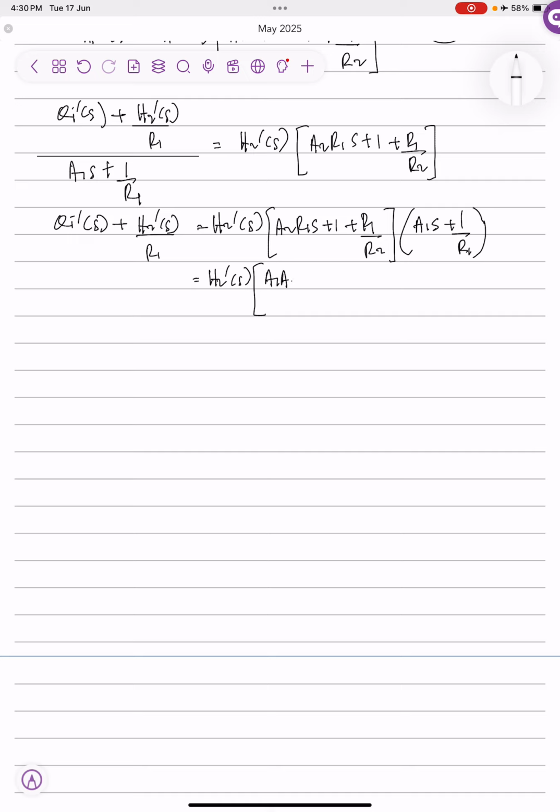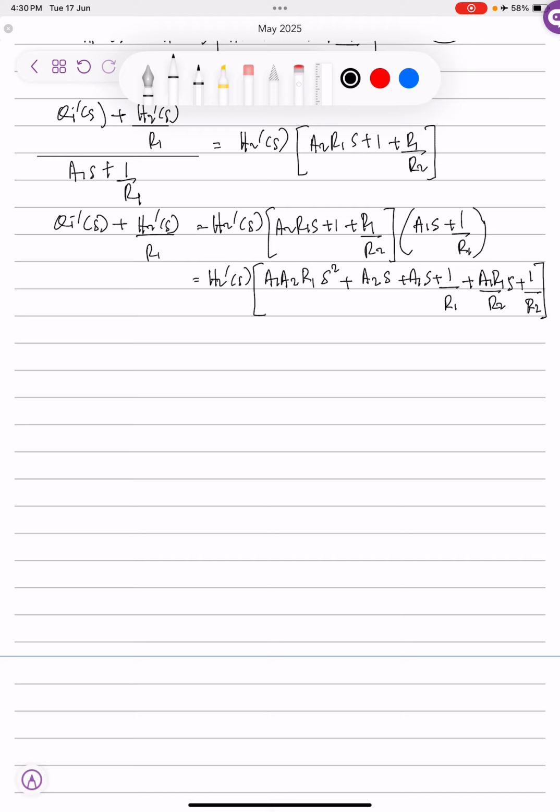You have A1 A2 R1 s squared, plus A2 R1 cancels out, s plus A1 s plus 1/R1 plus A1 R1/R2 s plus R1 cancels out, 1/R2. This is after I expand.